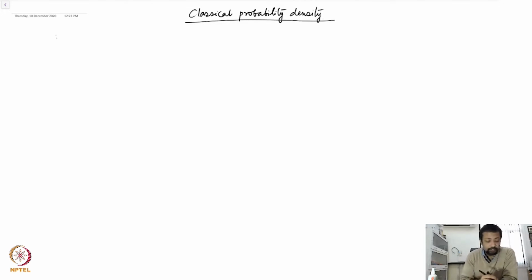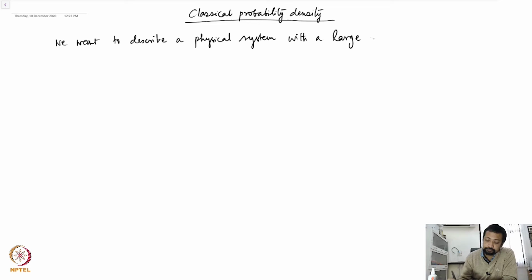So typically we want to describe a system, a physical system with a large degree of freedom. Right?